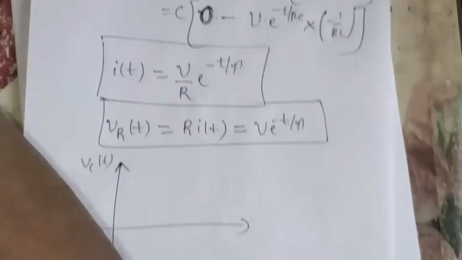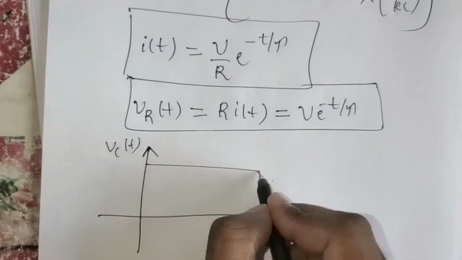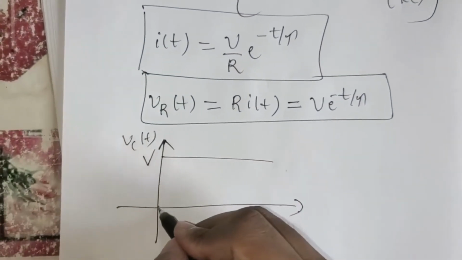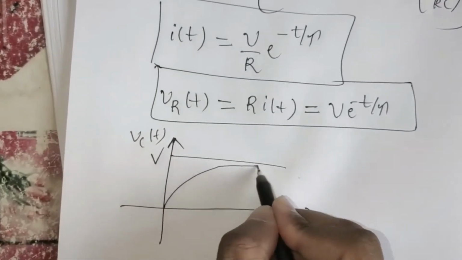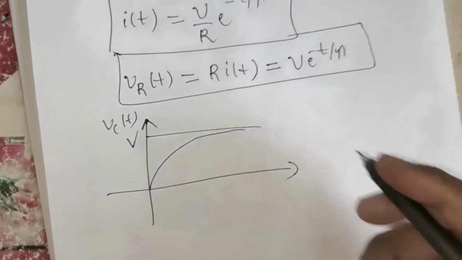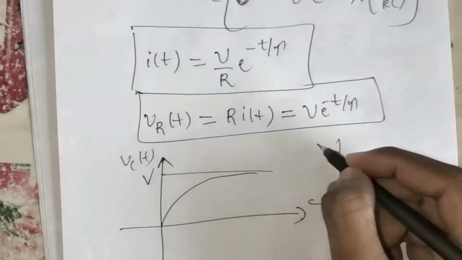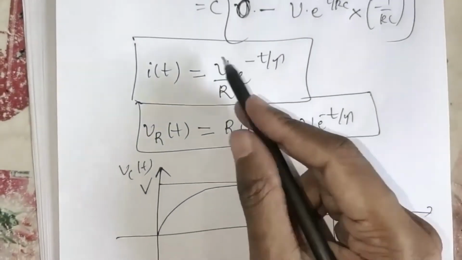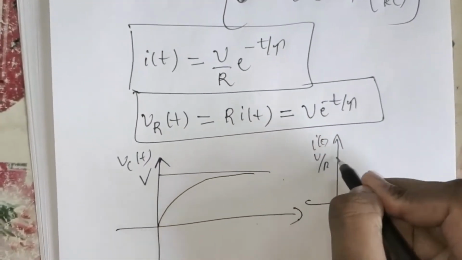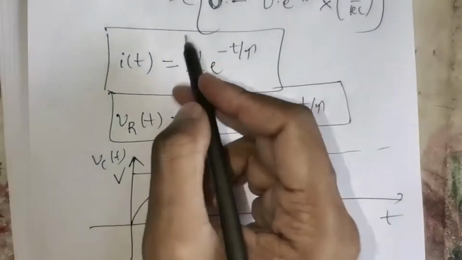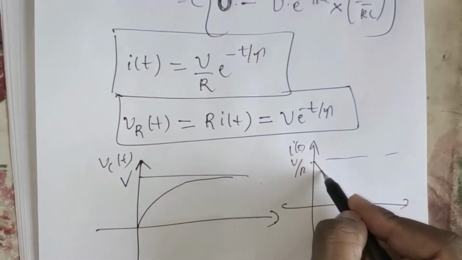So if the steady state value is V, then this response will exponentially increase towards V. So similarly, if I draw the response for I of t, the steady state value is V by R, and it is exponentially decreasing from V by R.